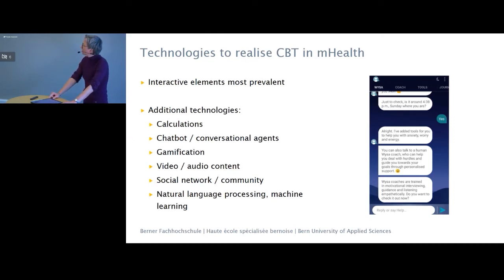Interestingly, we identified the social aspect that was implemented in these mental health apps. So there were social aspects integrated, which enables the user to connect with other users, for example. And this is interesting because mental diseases are often characterized by isolation.